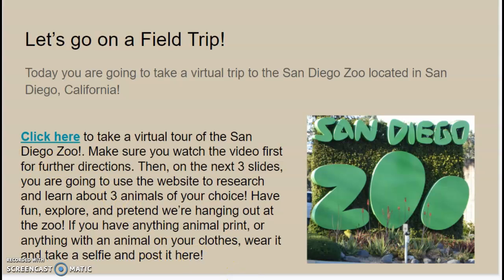On the next 3 slides, you'll be doing research on 3 different animals. Then at the end, you are going to persuade me to visit the zoo based on your animal research. There will be 2 parts to this video. First, a video on this screen that will tell you about the research part, and then another video talking to you about the paragraph. But let's go visit.